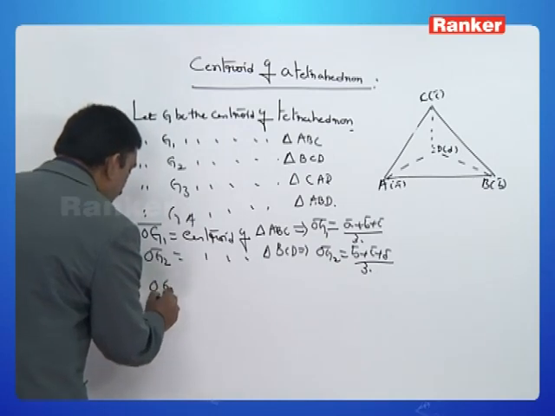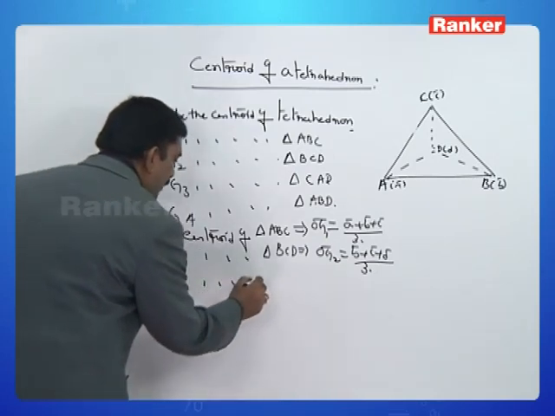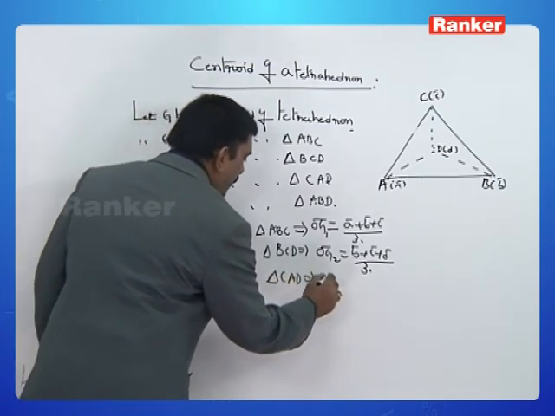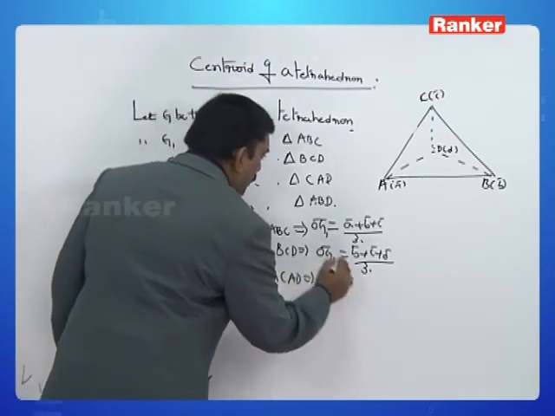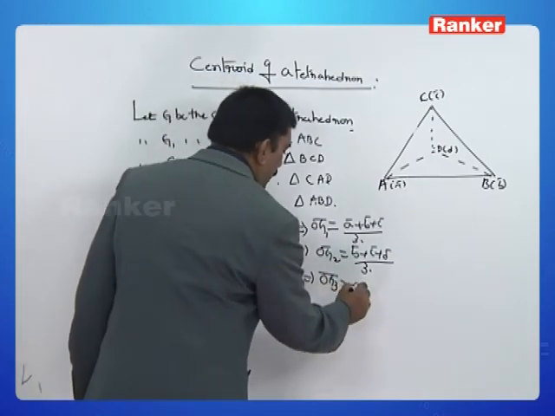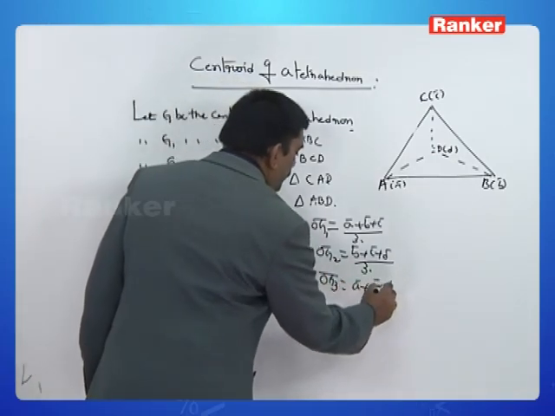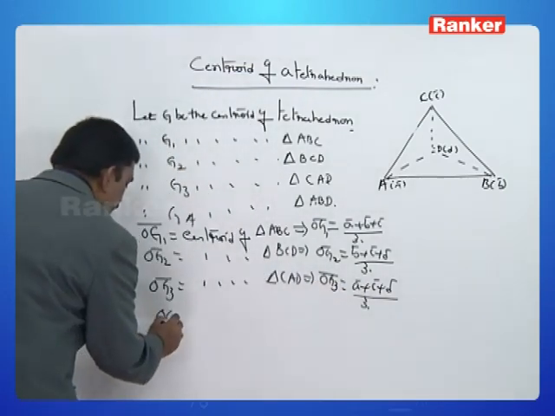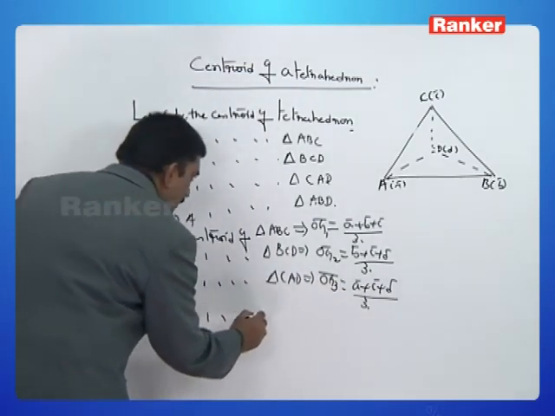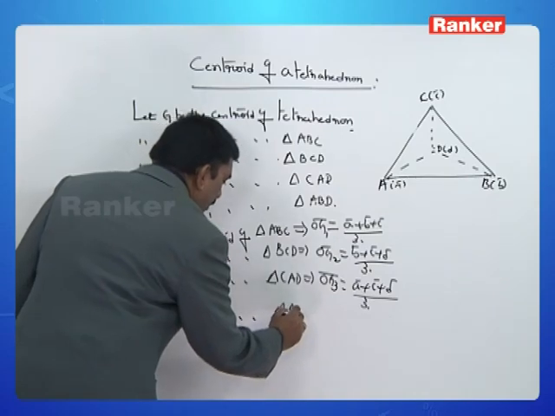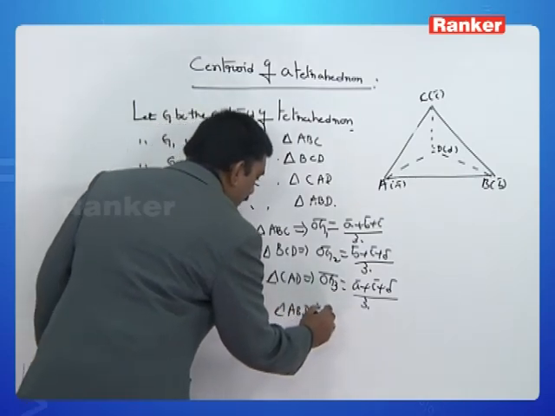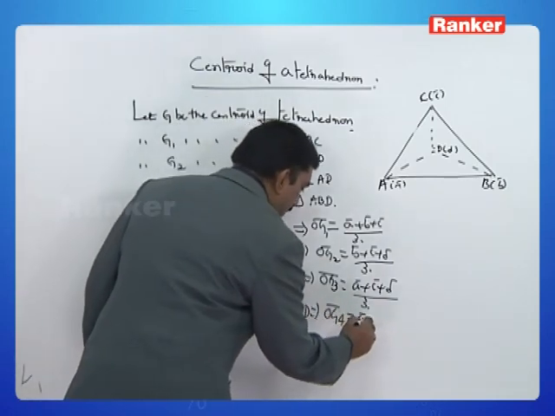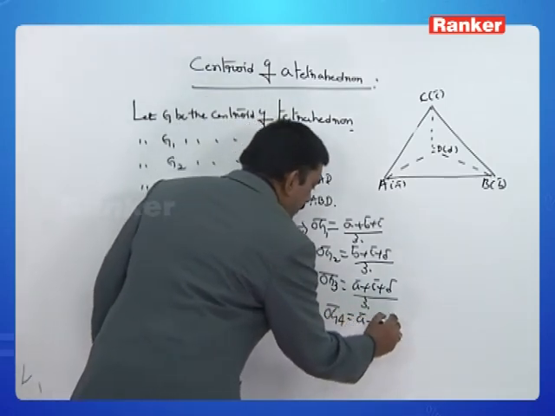Now OG3 is the centroid of triangle CAD, which implies OG3 is equal to (A bar plus C bar plus D bar) by 3. OG4 is the centroid of triangle ABD, so OG4 is equal to (A bar plus B bar plus D bar) by 3.